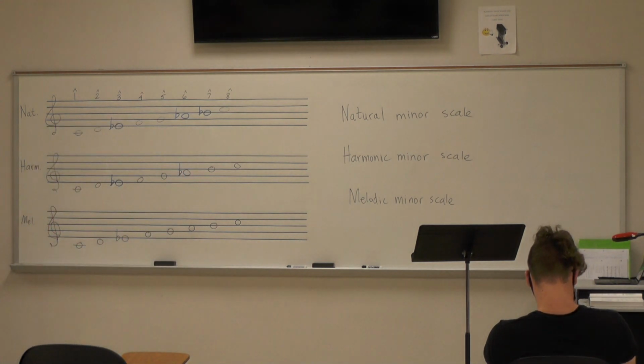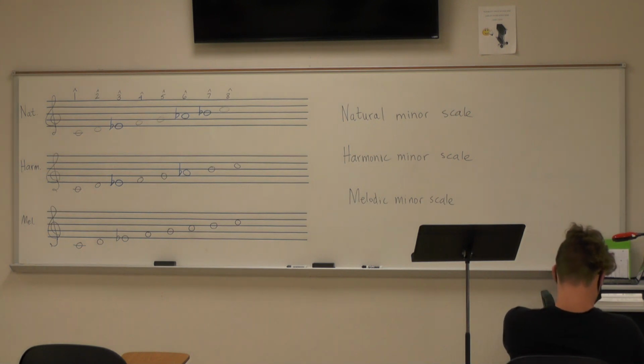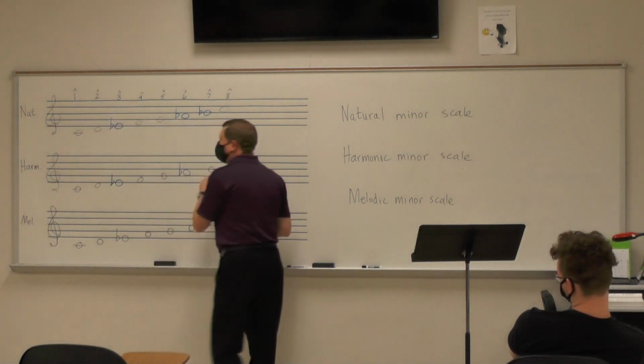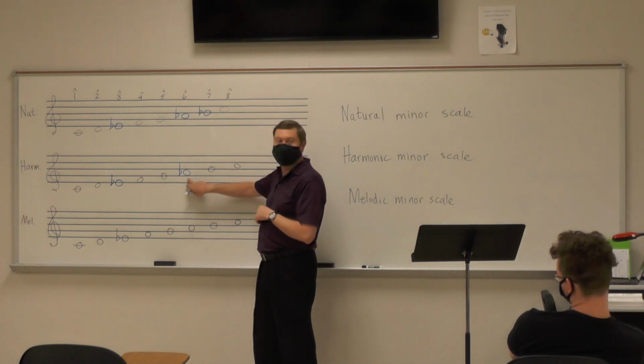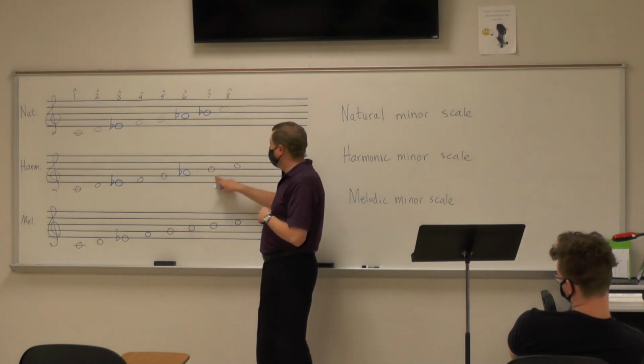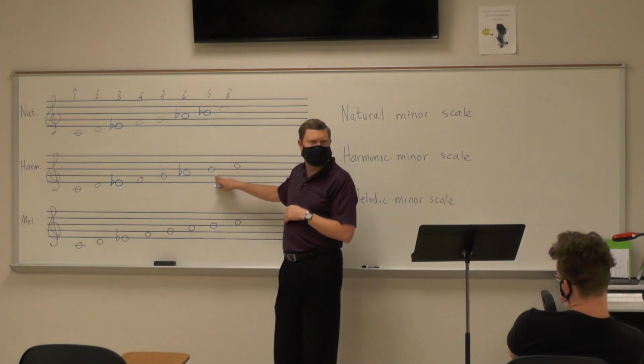And that is a correctly spelled harmonic minor scale starting on the pitch C. The harmonic minor scale is kind of strange because, look, it uses the minor 6th scale degree, but it also uses the major 7th scale degree.